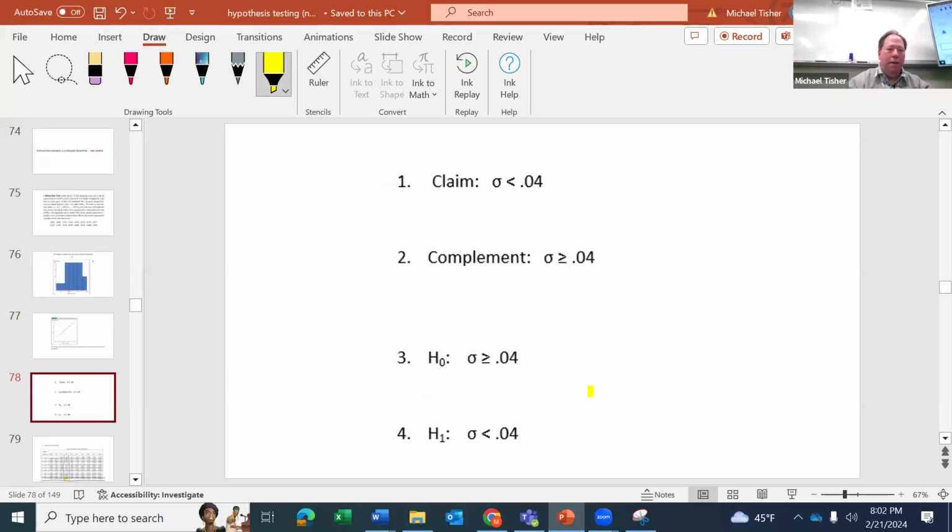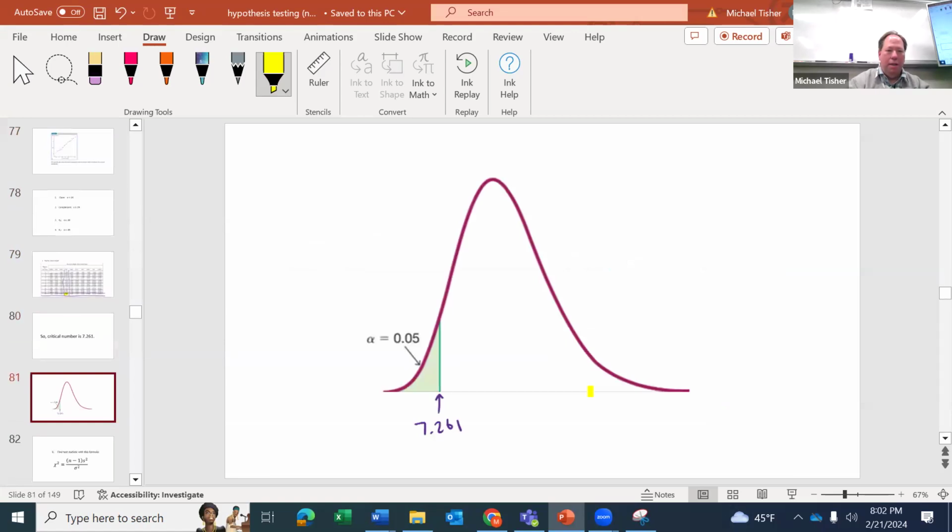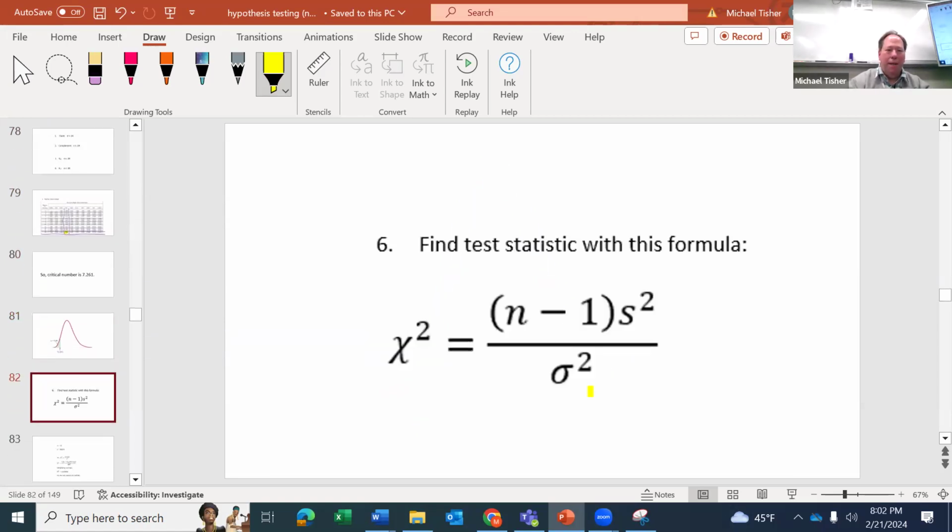And so here's the usual claim, complement, H0, HA. And then you want to find the critical point, which we get by using a chi-square table. And this is the chi-square distribution right here. And then you find a test statistic with this formula right here.